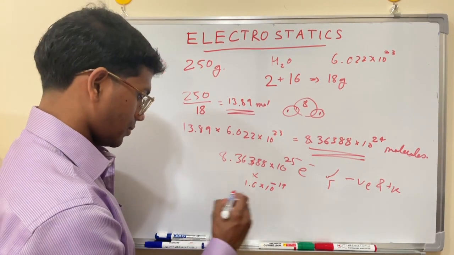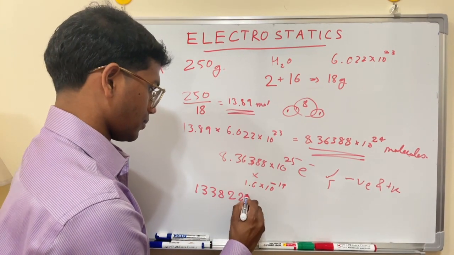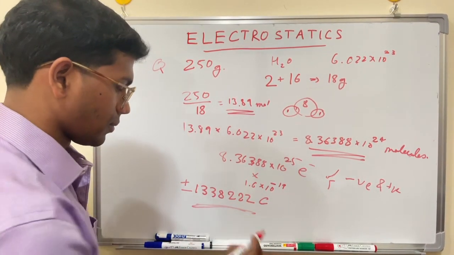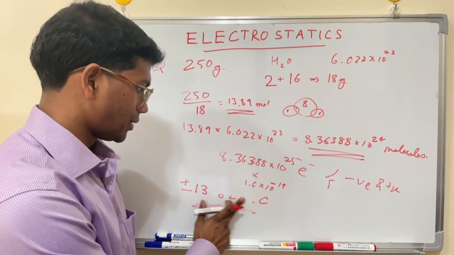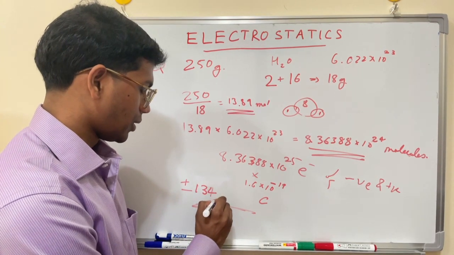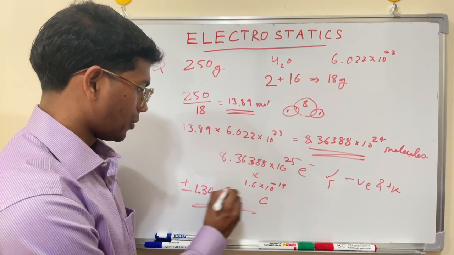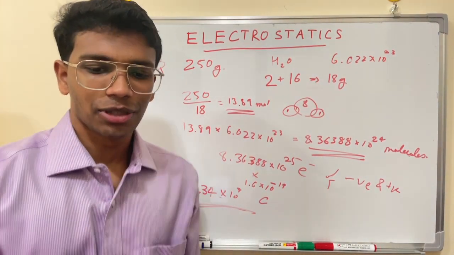We would have, I'm just going to approximate it, about 1.34 into 10 to the 7. So that many coulombs worth of charge.